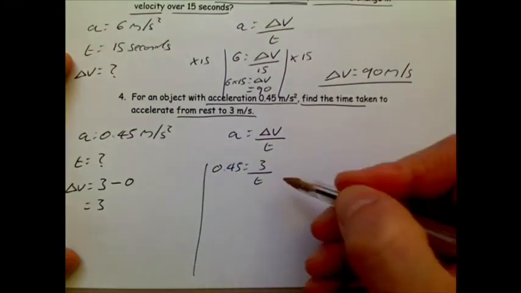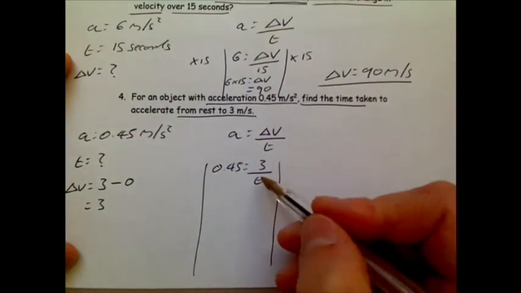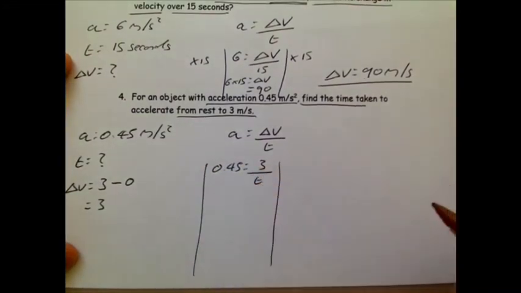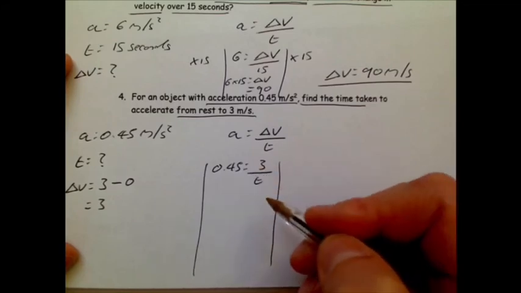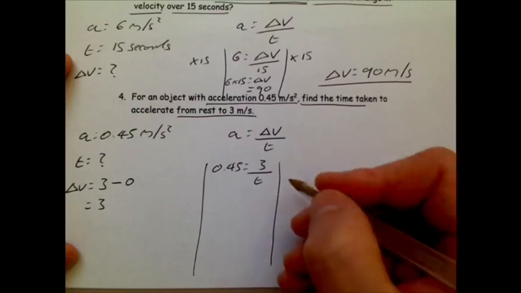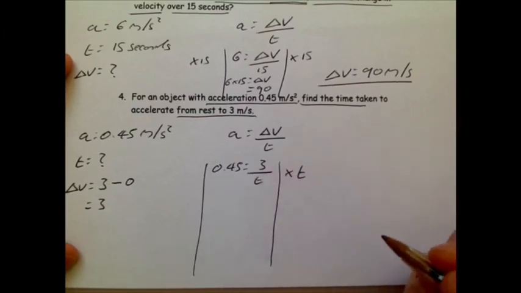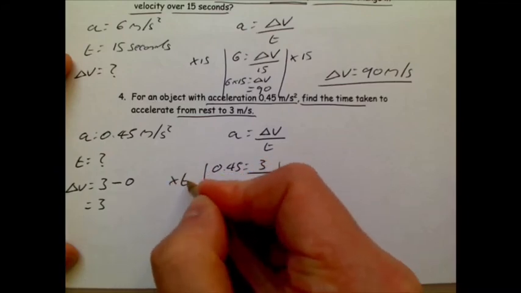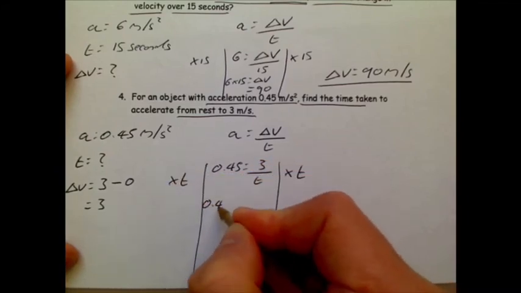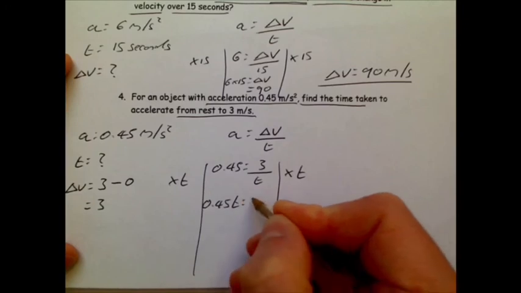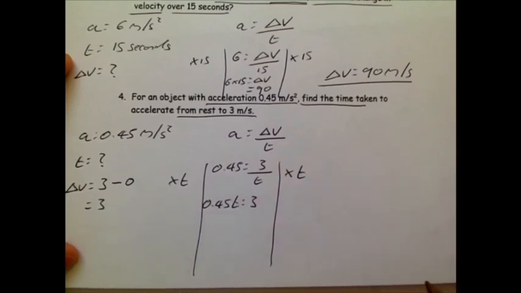So I'm going to rearrange. Having divide by T really complicates it. So I'm going to get rid of divide by T. I know I want to find T, but having it as a divide makes it complicated. So I'm going to multiply by T to remove the divide. Do that on both sides to give me 0.45 lots of T equals 3. Now that's really simple.